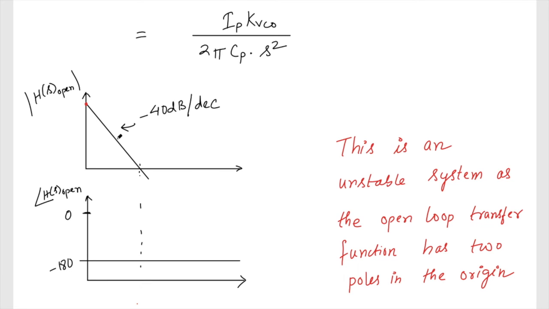But if we introduce a 0 somewhere here, the roll off will reduce from minus 40 dB to minus 20 dB per decade, and there will also be an increase in the phase, because the 0 is going to do the phase leading, and towards infinite frequency this will become minus 90. As a result the phase margin at the unity gain frequency will be high. So this is the basic idea.